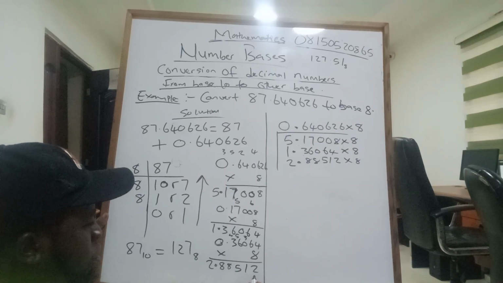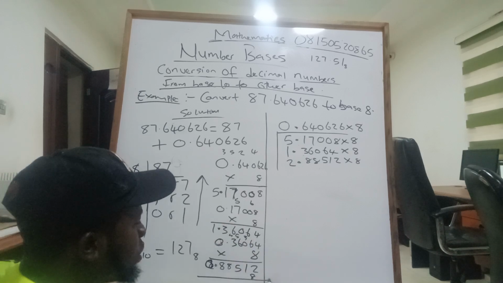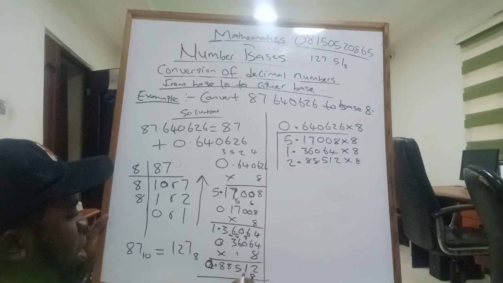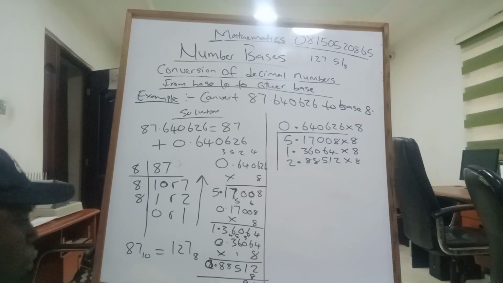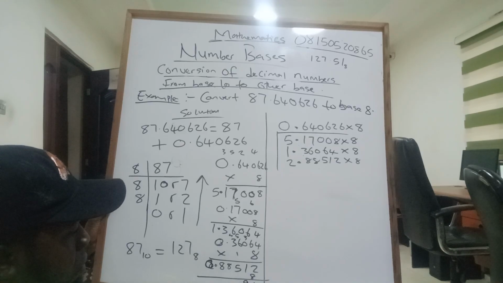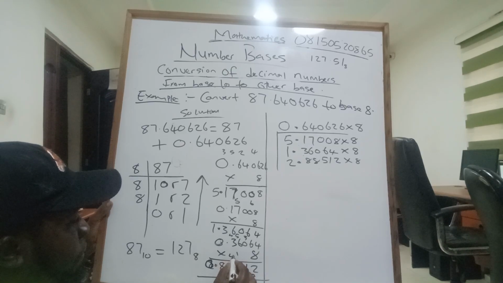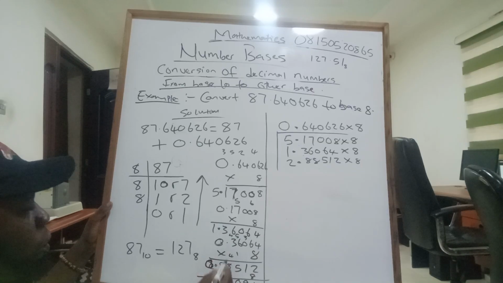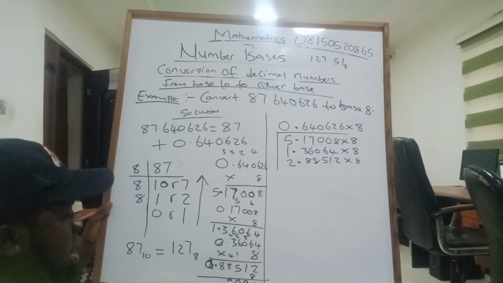So let's multiply this one by 8 again and see what you are going to have. So that's 0 point. When you multiply it, 8 times 2 is 16. Keep 1. 8 times 1 is 8. That's 9. 8 times 5 is 40. We write 0, we keep 4. 8 times 8 is 64. 64 plus 4, that will be 68.